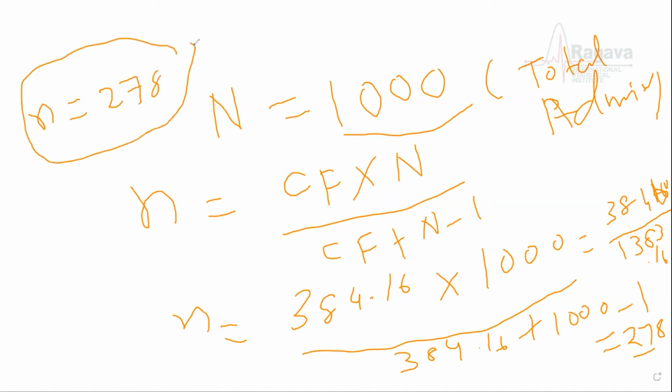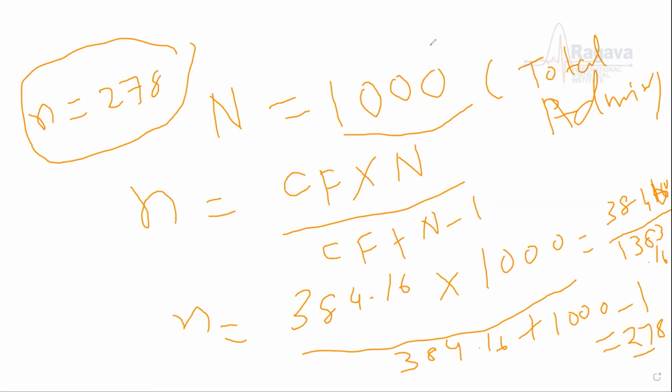So this is the required sample size for this concurrent review. If the total number of admissions is 1000, we need to choose 278 patients as a sample. So this is what we need to do for the calculation of sample size regarding concurrent review.